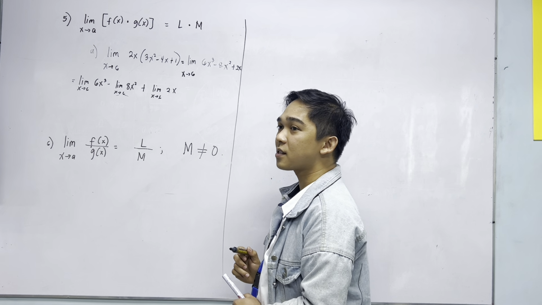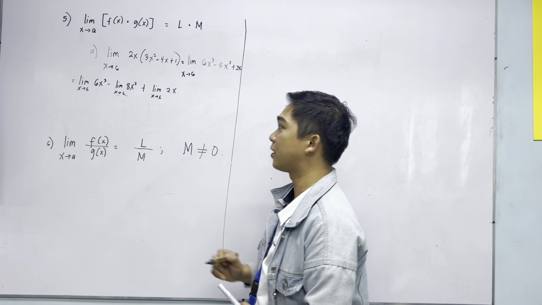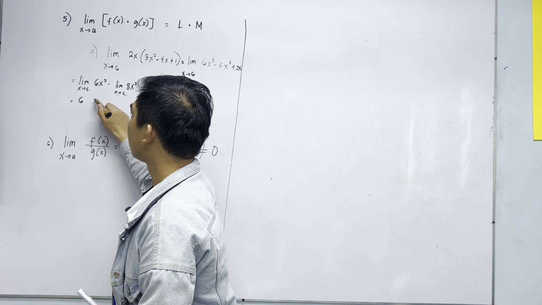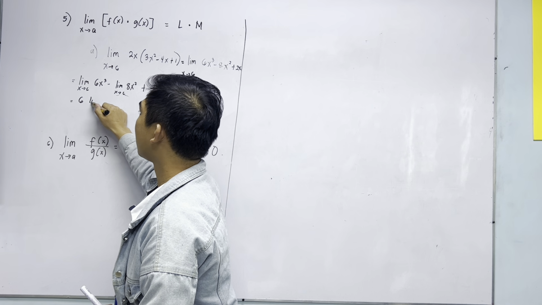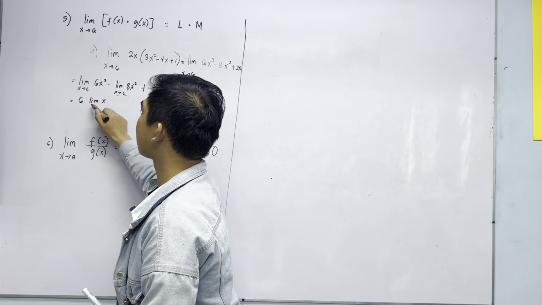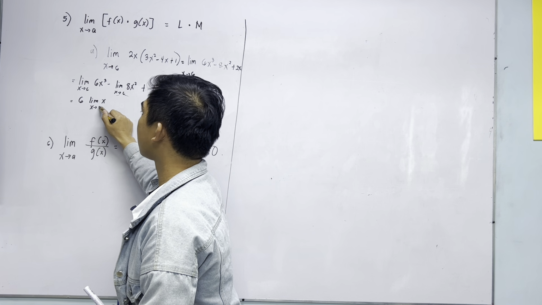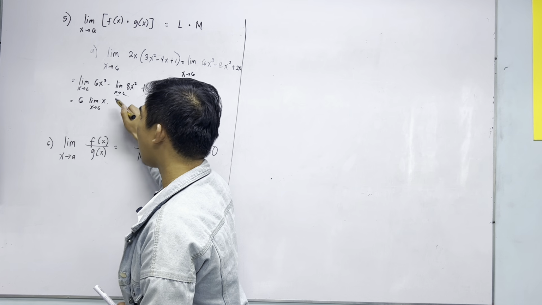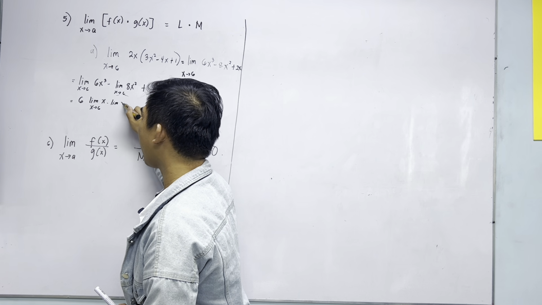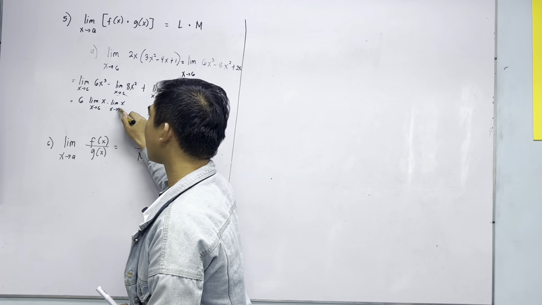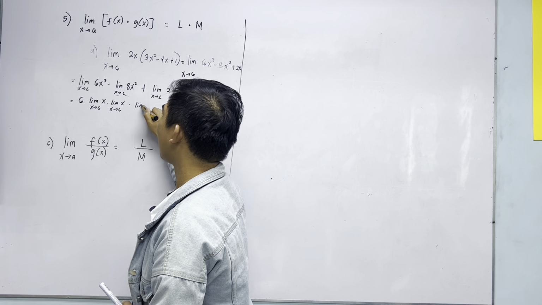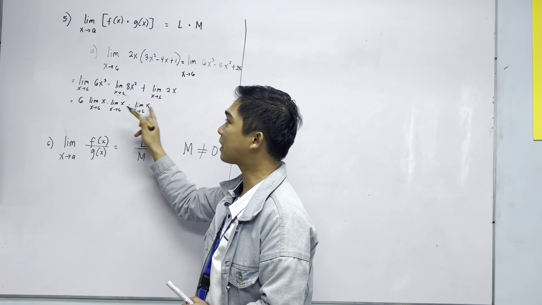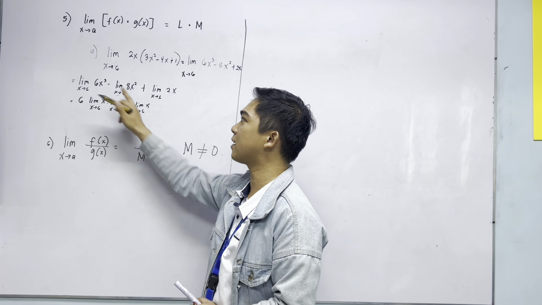Anong gagawin next? Ilabas natin si 6. Limit of x as x approaches 6, cube siya, no? So, isa-isahin na natin. Limit of x approaches 6, limit of x approaches 6. Bakit tatlo? Kasi x times x times x.